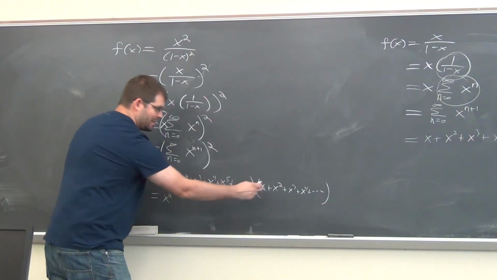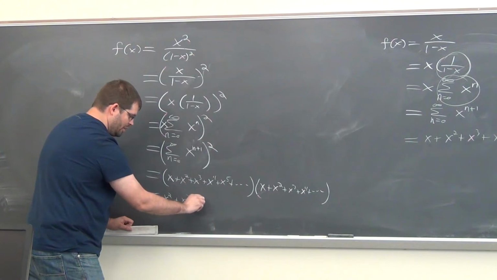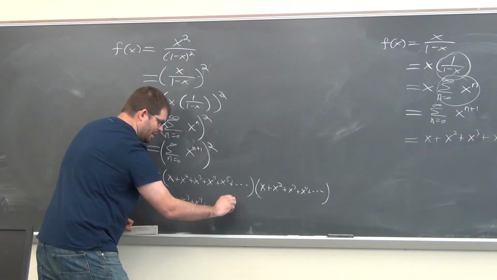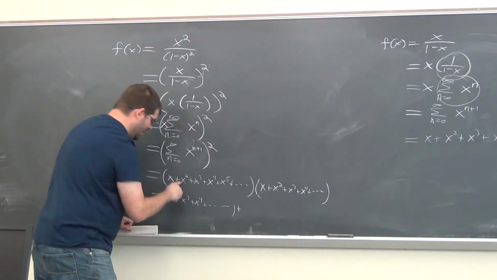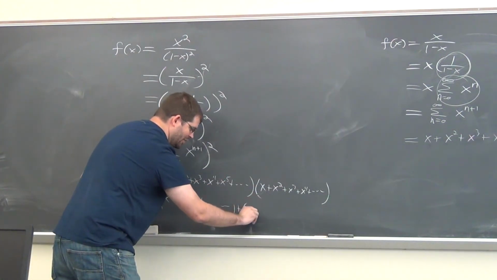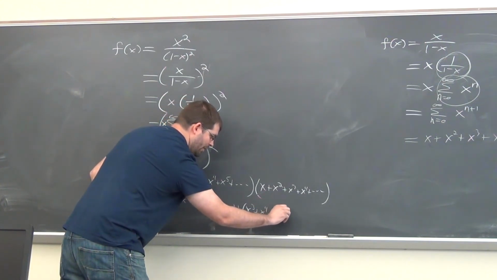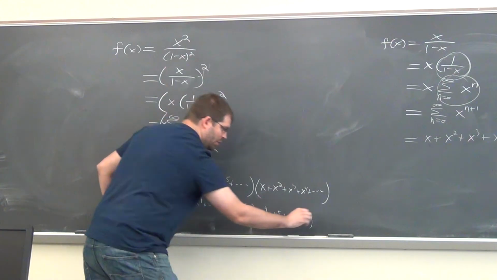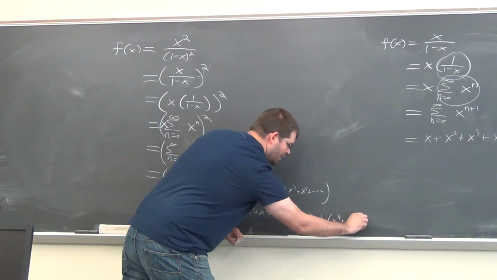And then you'll get x times x squared will give you an x cubed, x to the 4th, and so on. That's just the x times all of that. Plus you'll get x squared times all of that, so you'll get an x cubed, x to the 4th, x to the 5th, right? Plus you'll get x cubed times all of that, which will give you an x to the 4th, and so on.